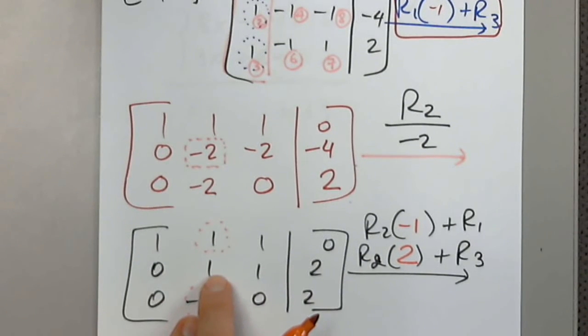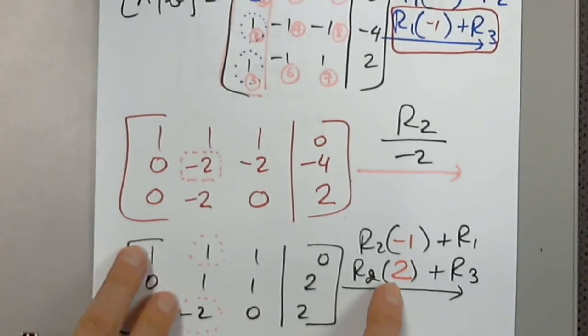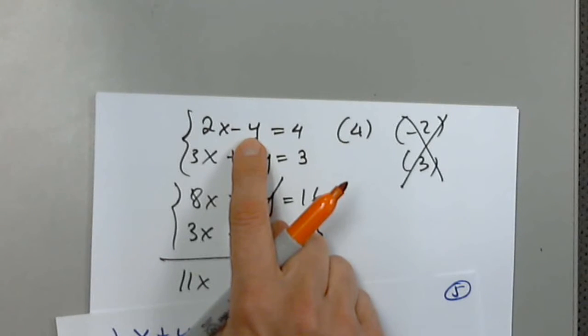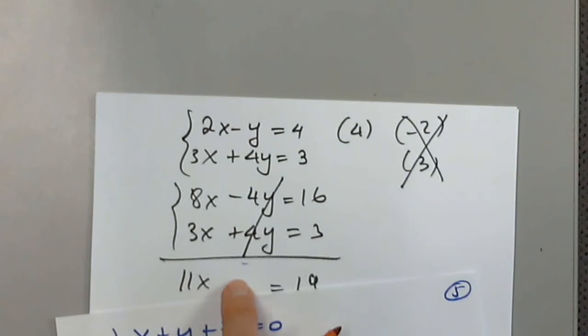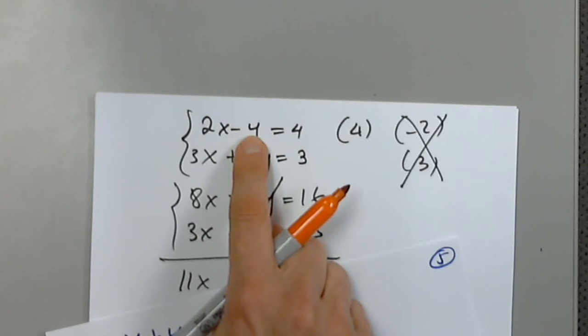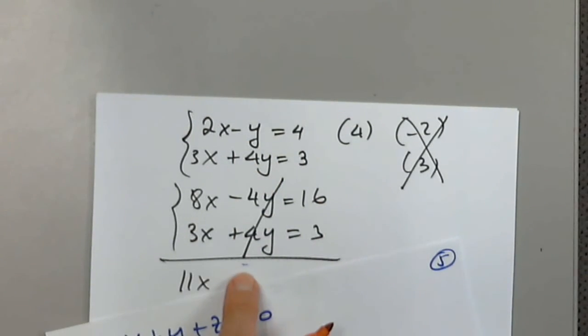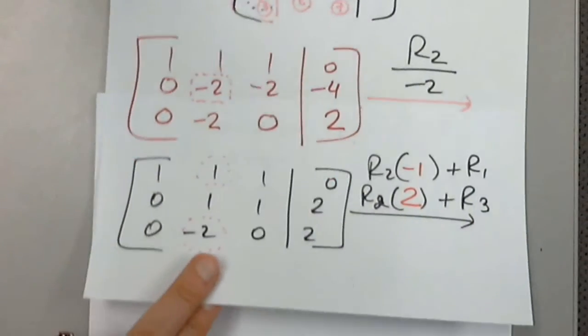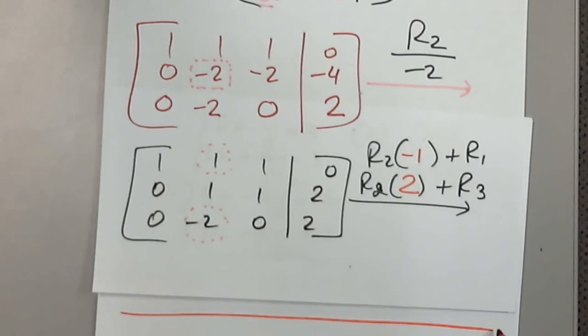What do I multiply this by to get a 0 here? Well, it must be a 2. Exactly like here. What do I multiply this by to add it here and get a 0? Well, I multiply this by 4 to add it to this to get the 0. Is that better? Okay, so let's continue now.